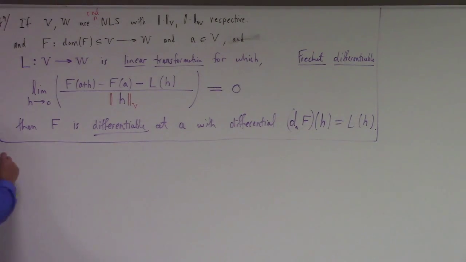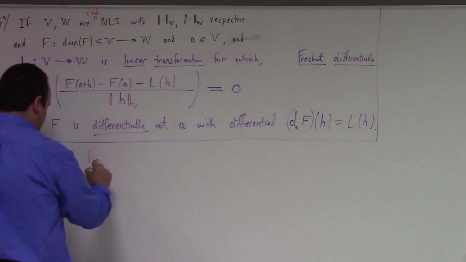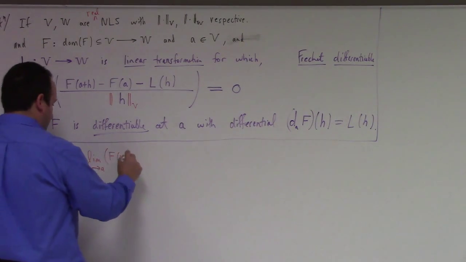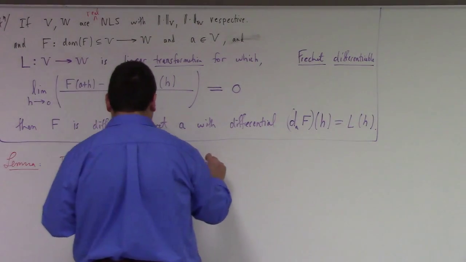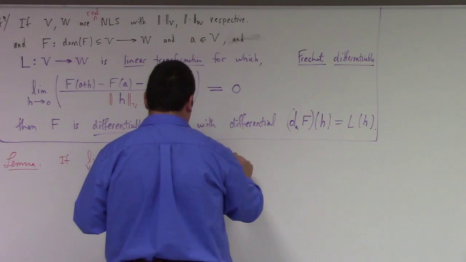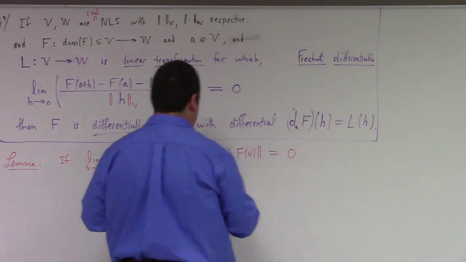But here's a little lemma. If the limit as v goes to a of f of v is equal to 0, that's interchangeable with the limit as v goes to a of the norm of f of v is equal to 0.